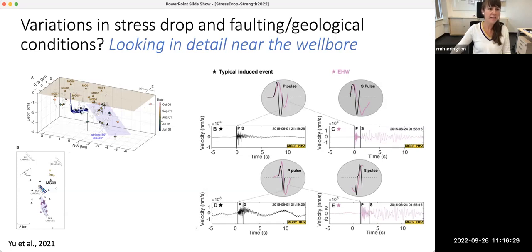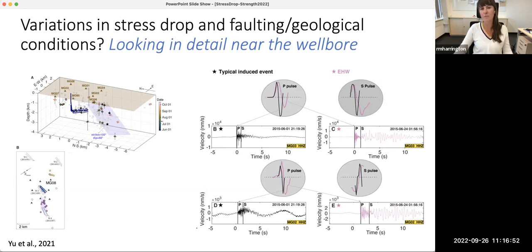I forgot to tell you the acronym EHW stands for earthquakes of hybrid waveforms. We use this acronym, although it's a little bit awkward, because for those of you who have looked at volcanic earthquakes, the waveforms resemble hybrids.